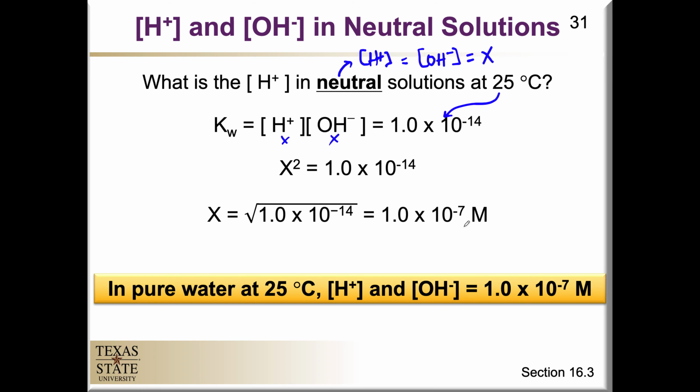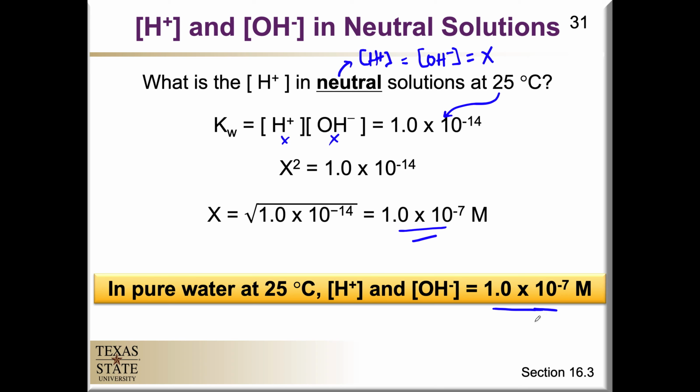All right, and so after we have solved this, this is actually important information for us to have. So in pure water at 25 degrees Celsius, the hydrogen ion concentration and the hydroxide ion concentration is equal to 1 times 10 to the minus 7. This is something that is pretty important for us to remember.